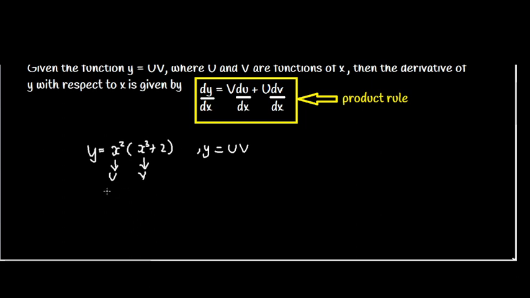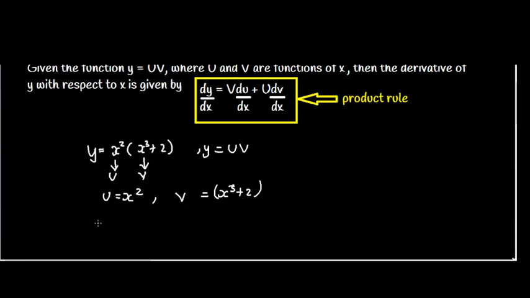So let's begin. We have u equal to x squared, and we have v equal to x cubed plus 2. Let's get du/dx from this. When getting du/dx, you use the knowledge of how to differentiate an explicit function, where one variable is expressed in terms of another completely.